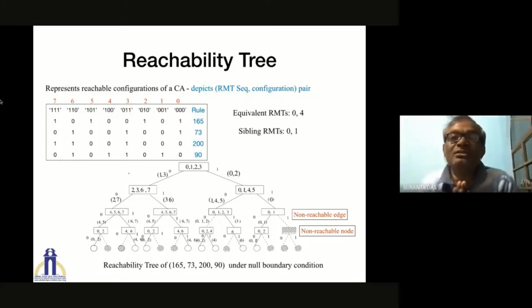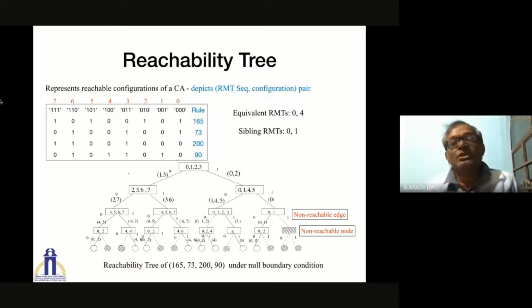In general, in a node, if you get 0, then you'll always get 1. Similarly, consider RMTs 0 and 4. RMT 0 produces 0 and 1 for the next level. RMT 4 also produces 0 and 1 for the next level.